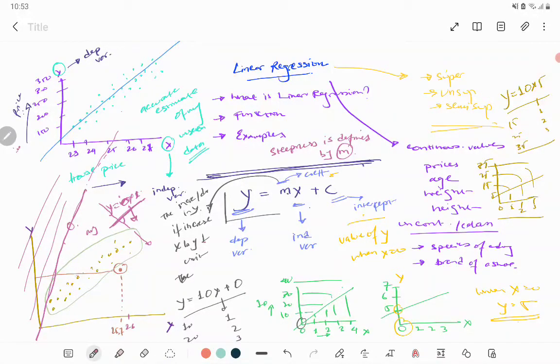I'm using the word line again and again because it makes it simpler to grasp, but we move the model such that the error becomes minimum. Once we do that, we'll have a line something like this, and it is a very good estimate for the data that we have.